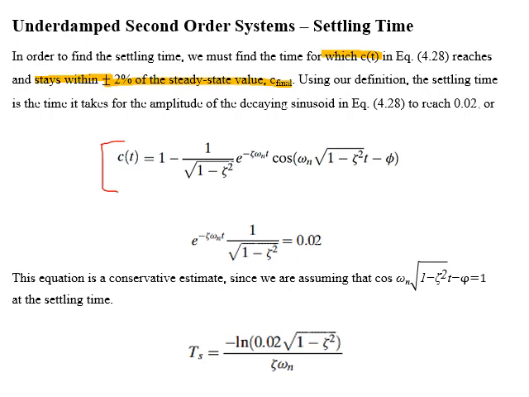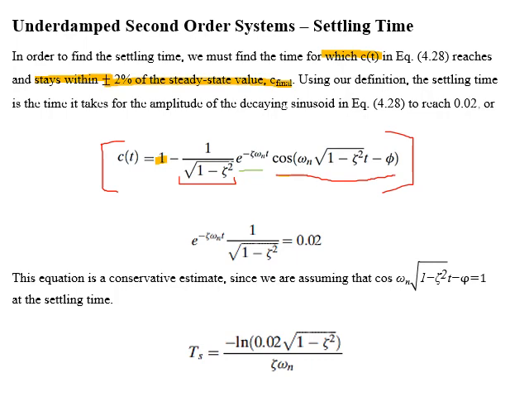In this equation, 1 is a constant value and will not change over time, and it is our final value of the response. The second term consists of the product of 3 terms, which includes 1 over square root of 1 minus zeta square, multiplied by exponential power minus zeta omega n t, product with cos of the angle omega n square root of 1 minus zeta square t minus pi.